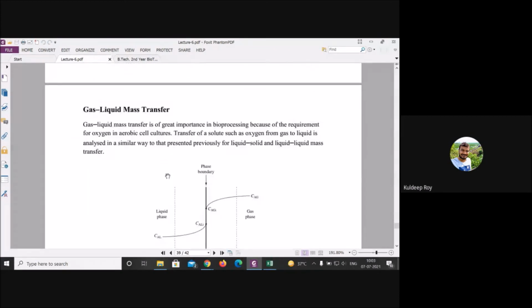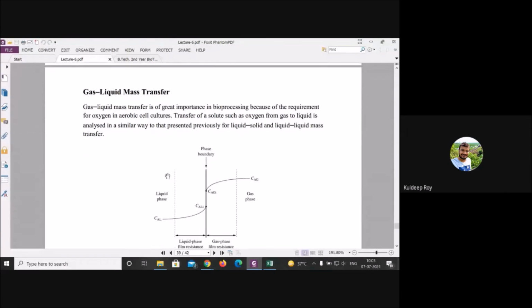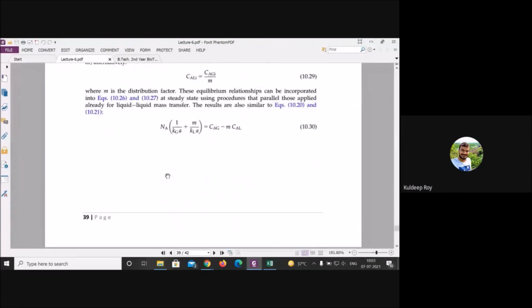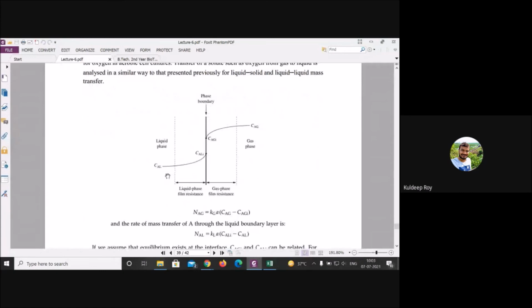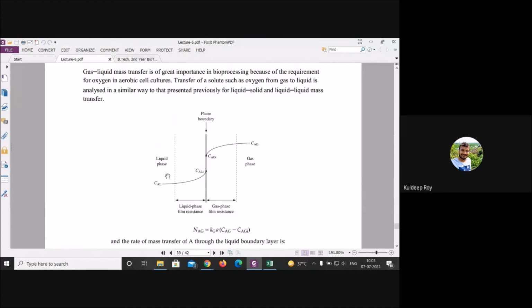Now we will talk about gas-liquid. You have to do the same thing, but here you are adding gas. This particular region is gas, and this particular region is liquid.